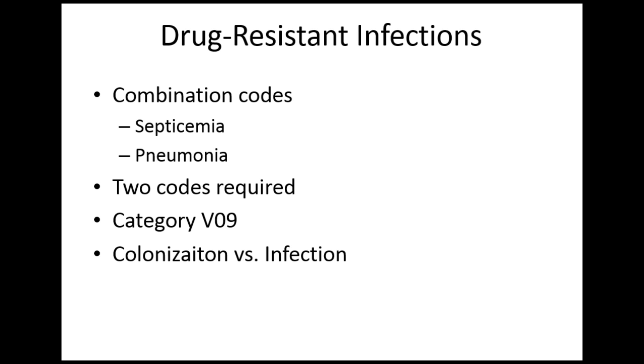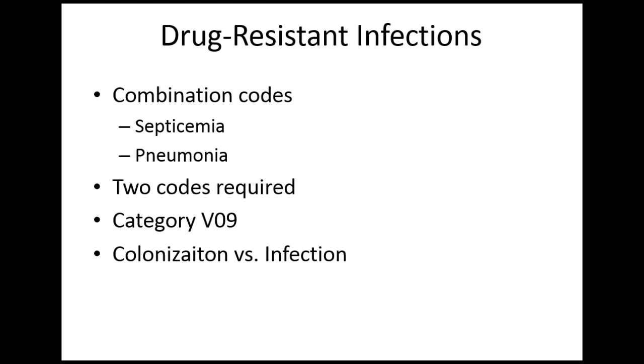ICD-9 provides unique codes to distinguish between methicillin susceptible and methicillin resistant Staphylococcus aureus for septicemia and pneumonia. Therefore, when a combination code is available for methicillin-resistant Staphylococcus aureus, assign the appropriate code for the condition, such as methicillin-resistant pneumonia, which is 482.42.